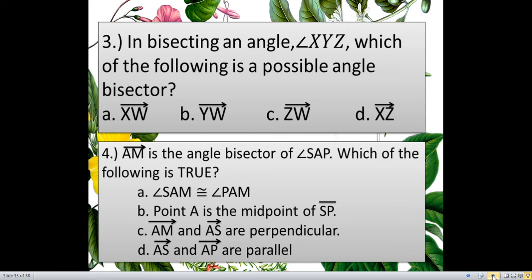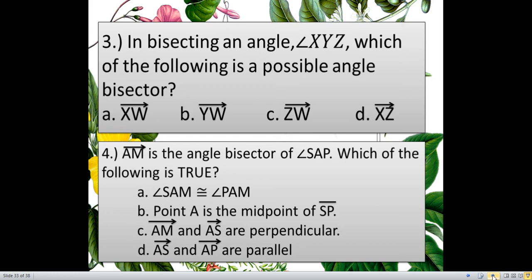For number 4, ray AM is the angle bisector of angle SAP. Which of the following is true? A. Angle SAM is congruent to angle PAM. B. Point A is the midpoint of line segment SP.